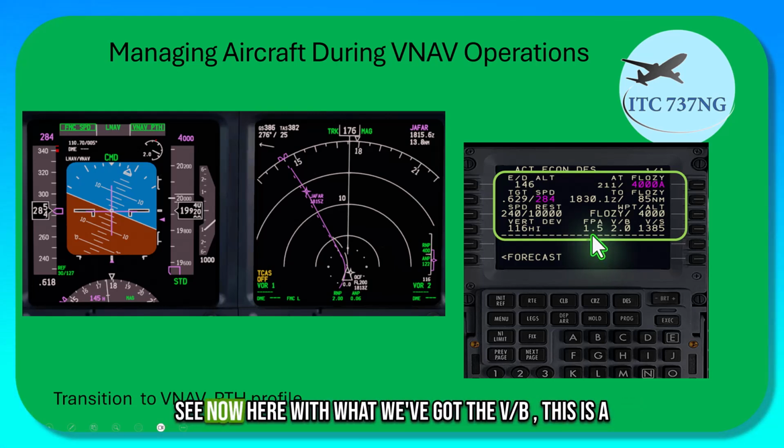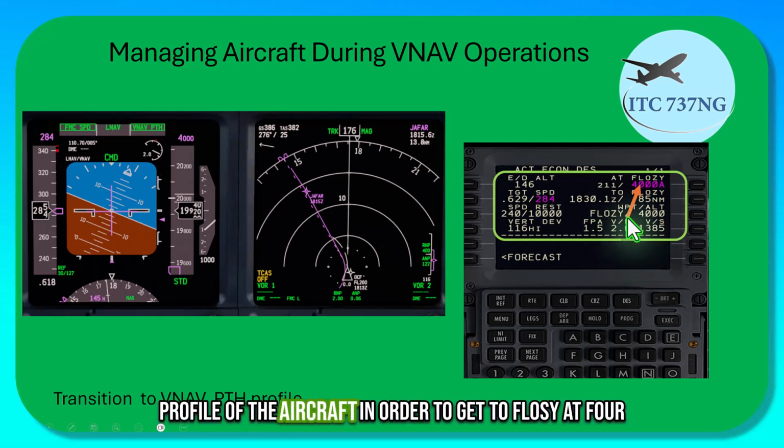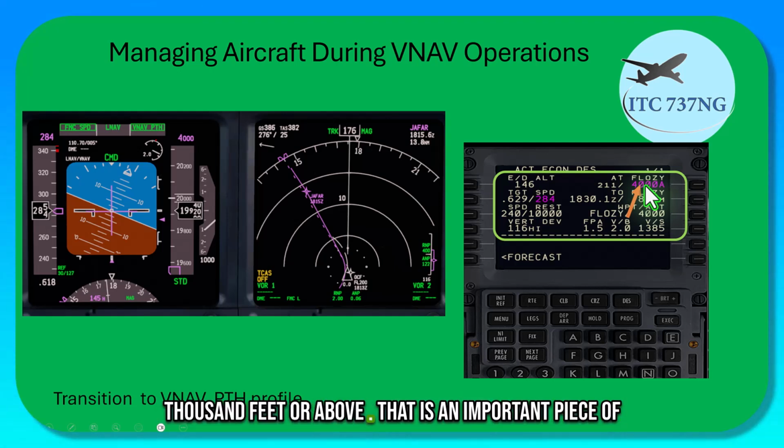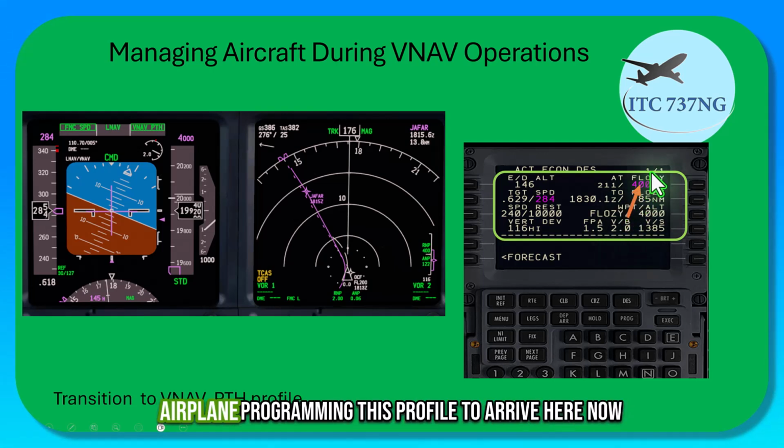But I can see now with what we've got, the vertical bearing. This is computer information. This is the descent profile, the vector profile of the aircraft in order to get to Flossie at 4,000 feet or above. That is an important piece of information to understand. That's the computer in the airplane programming this profile to arrive here.